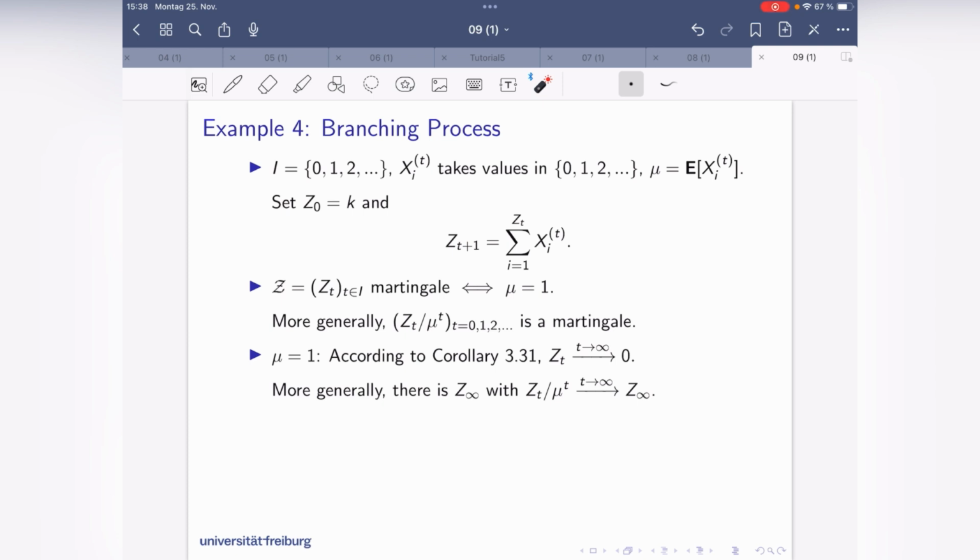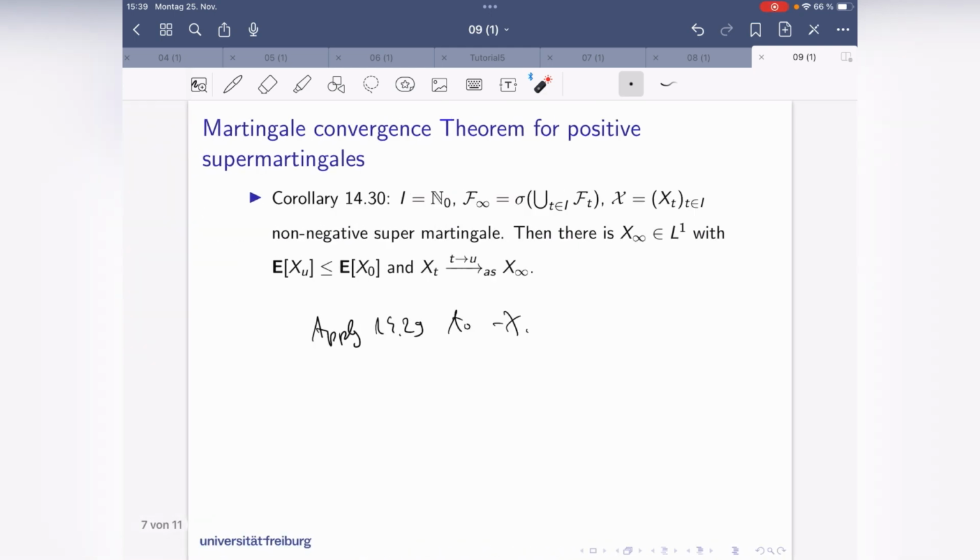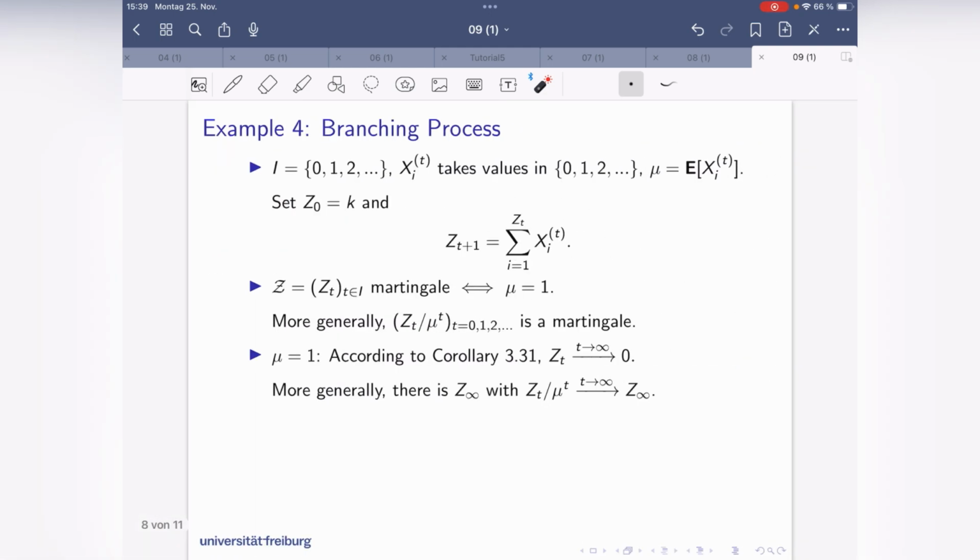We also computed that Z_t divided by mu to the power of t is a martingale. That's also on some previous slides. And here, of course, Z_t is a population number, which is not negative, which means for mu equal 1, Z is a non-negative martingale. A non-negative martingale is a non-negative supermartingale, and converges by this result here.